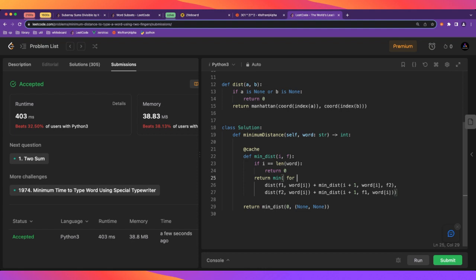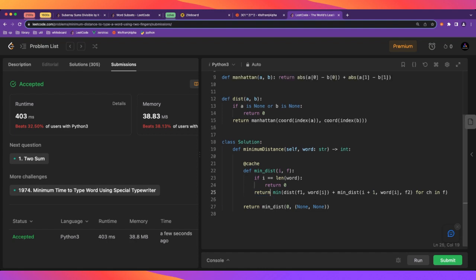And for f in F, we want this here. So this is going to be this, and here I think it doesn't matter which one is which.